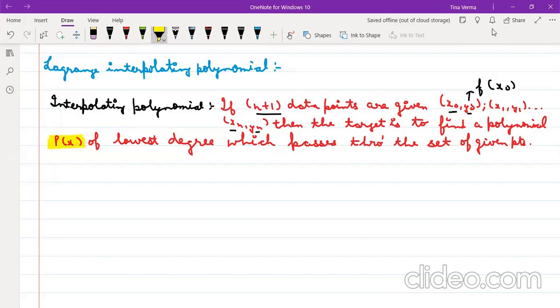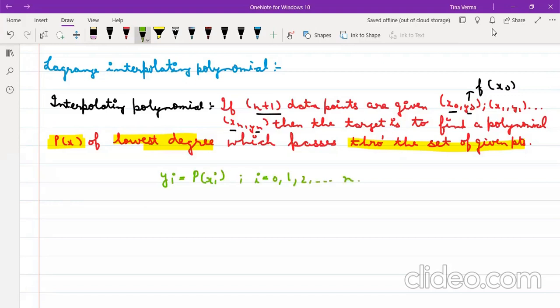We have to find a polynomial p(x) which will be of lowest degree and will pass through the set of given points. That means at the nodal points, yi will be equal to the polynomial at xi, for all i equal to 0, 1 to n.